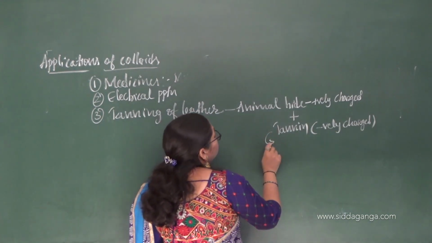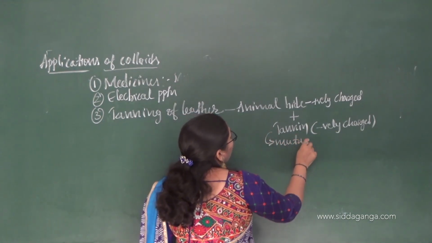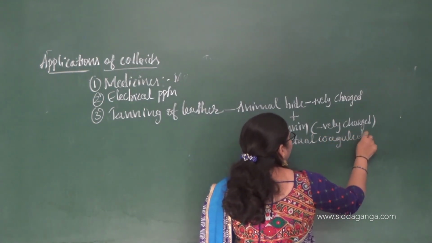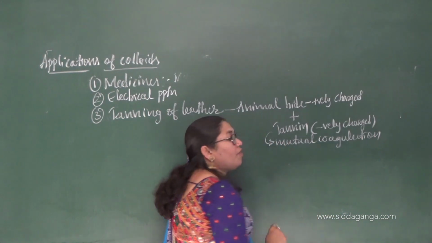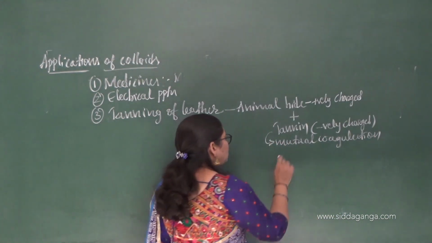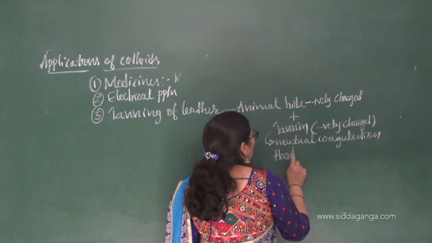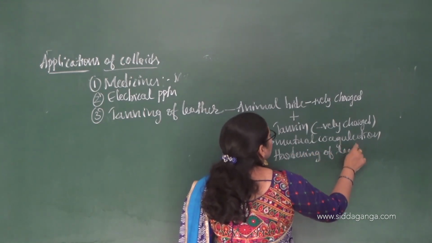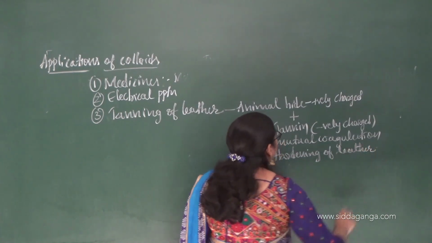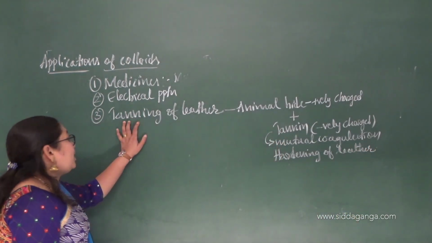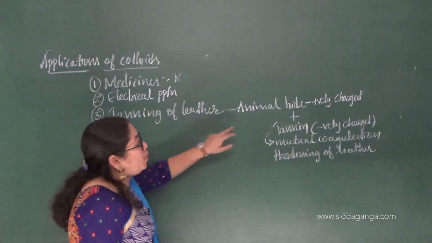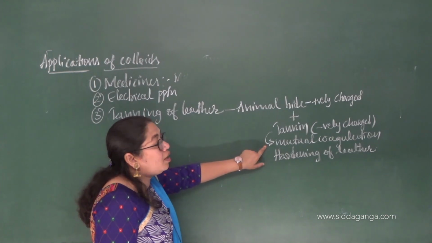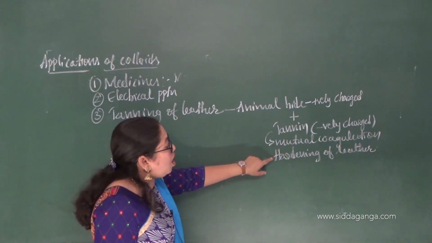When you mix these two, mutual coagulation takes place, which leads to the formation of hard leather, the hardening of leather. That process is called the tanning of leather, where two oppositely charged colloids are mixed with each other, leading to mutual coagulation and finally hardening of leather.